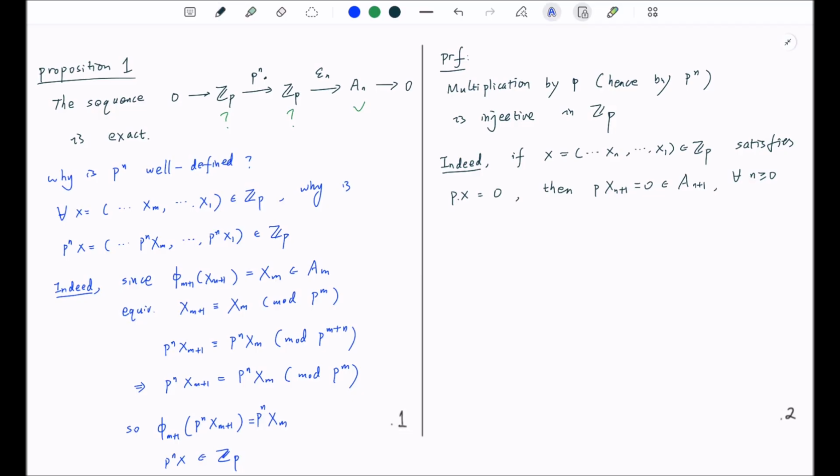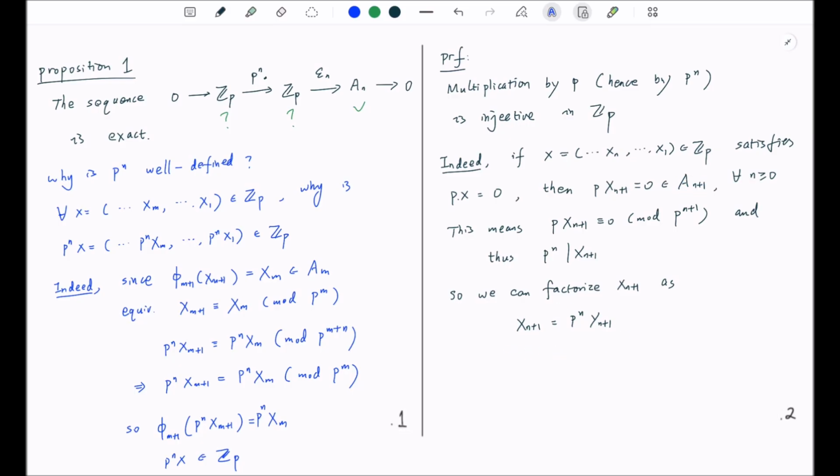And this means if we view x_(n+1) as an integer, then it is divisible by p^n. So we can factorize x_(n+1) as follows. And then we take this equation, which is defined in Z, back to A_(n+1).